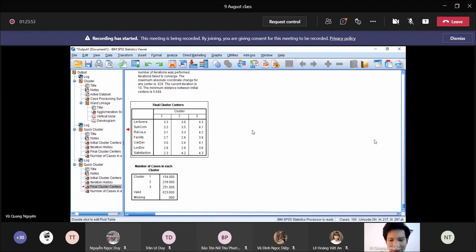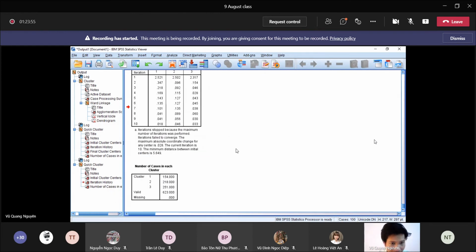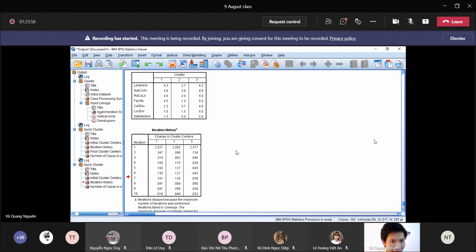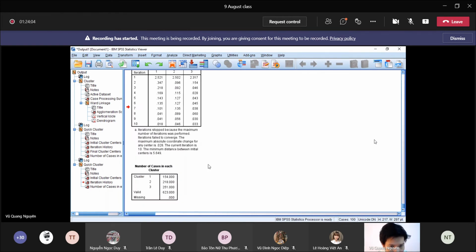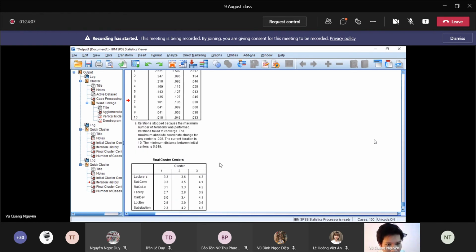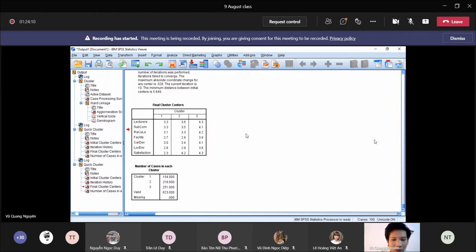Now, where is that? Okay, no, this one is initial. Okay, final cluster here. Maybe I clicked the wrong button to delete. What about those 3 clusters? Here, I will show you how to interpret them. First I take the screenshot, put it into PowerPoint, and I will show you.